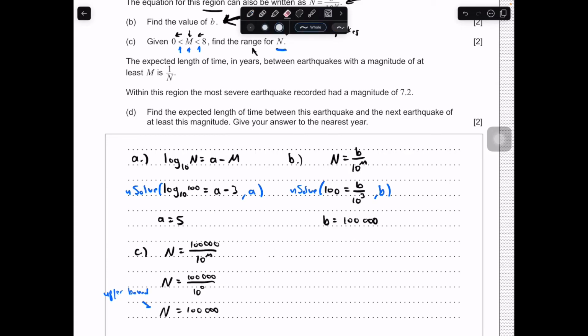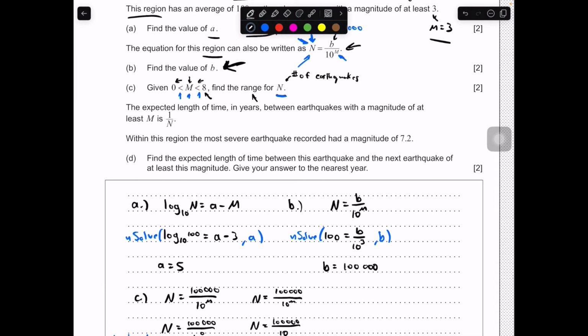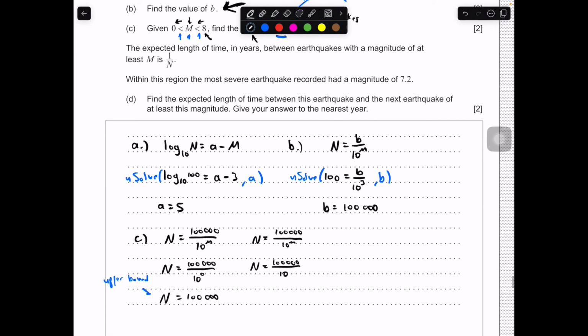And we also have n is equal to 100,000, that was the value of b, over 10 to the m. But in this case, we also have 10 to the upper end of 8. So what could this be?